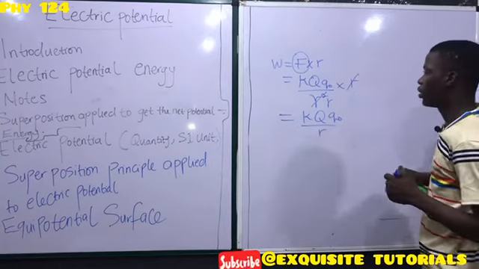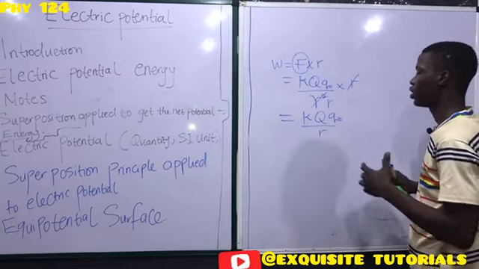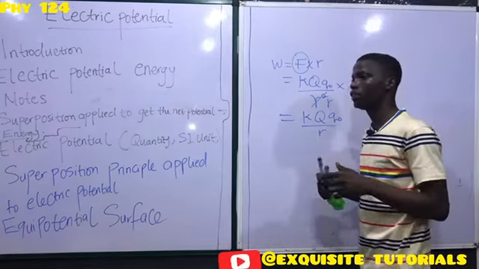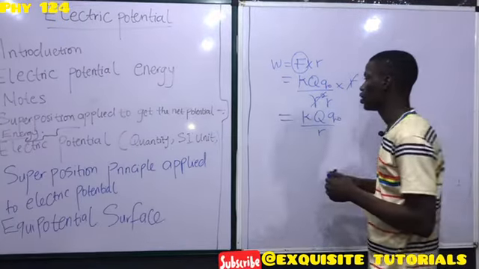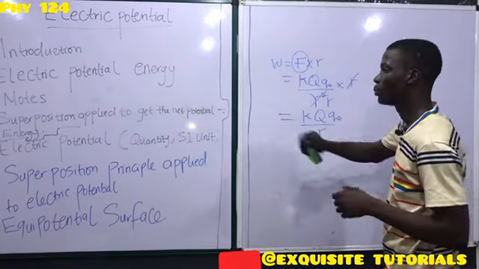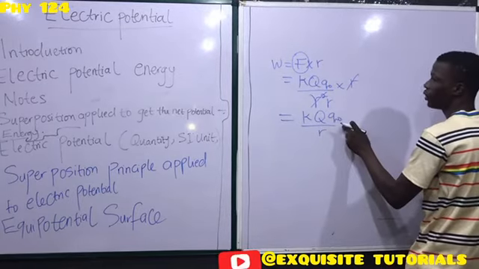So in the presence of several charges, if we want to determine this when there is more than one charge, then you apply the superposition principle for this potential energy.